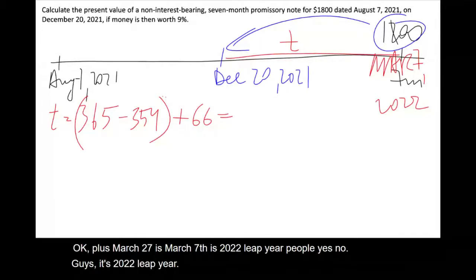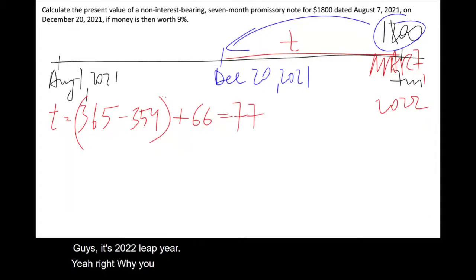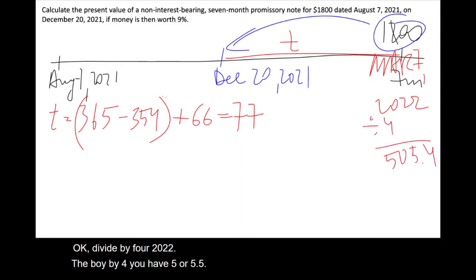Oh, yeah, right. Why do you say so? Can you prove it? Okay, divide 2022 by 4, you have 505.5. So it means it's not a leap year.